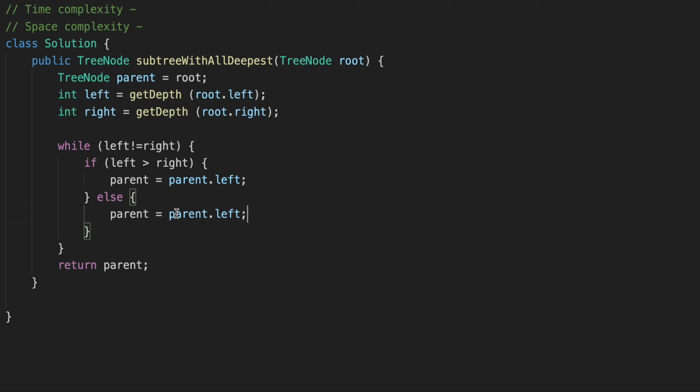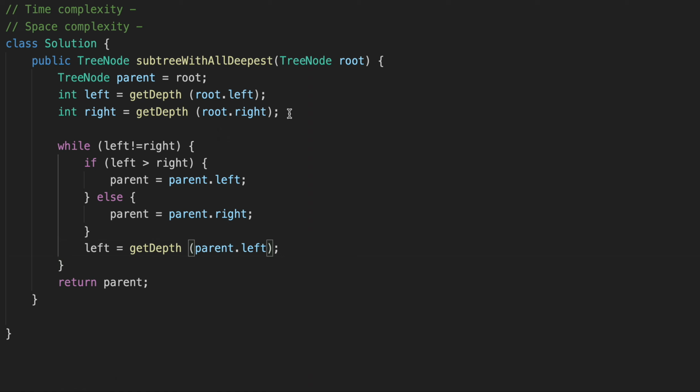Once we finish this, we calculate again, updating our left by calling getDepth on the parent's left, and the same for the right. Okay, that's our implementation.